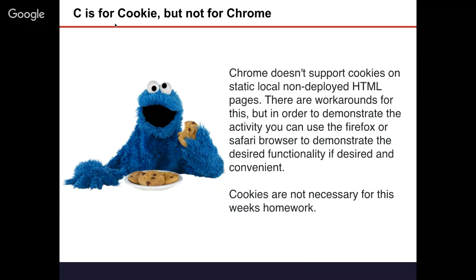So we have to use a not as good browser to do that. You have to use Safari or Firefox to handle that. So we're going to have to switch gears just for the cookie. In a real world environment, like GitHub pages, it would be fine to set and use cookies.